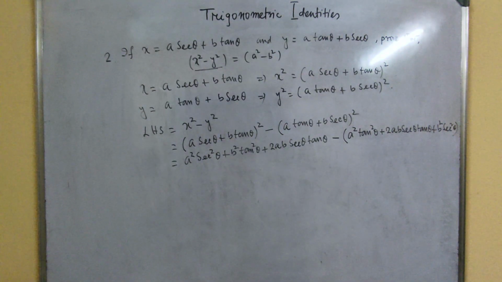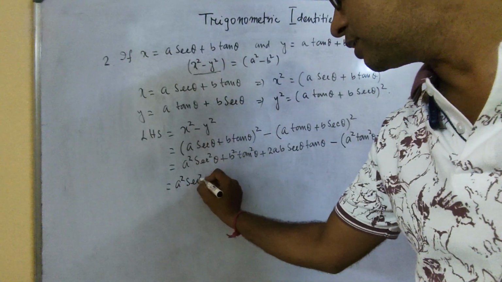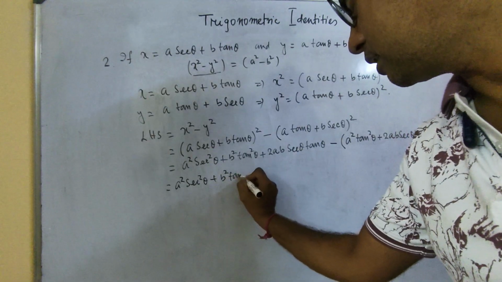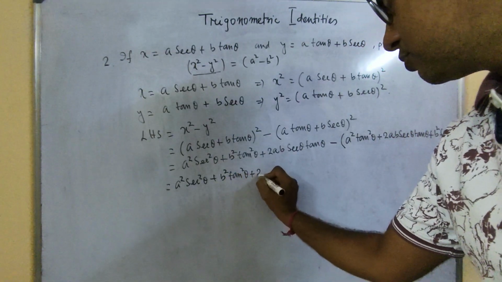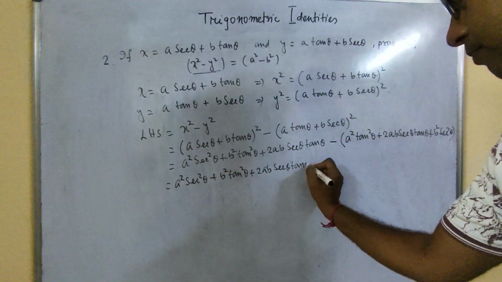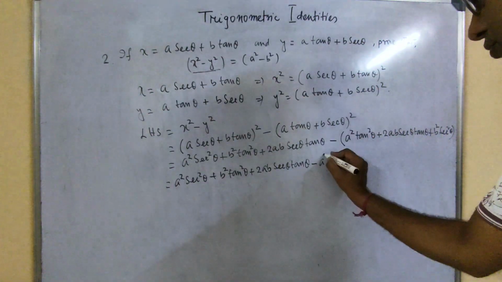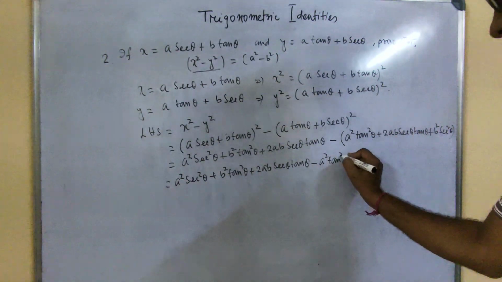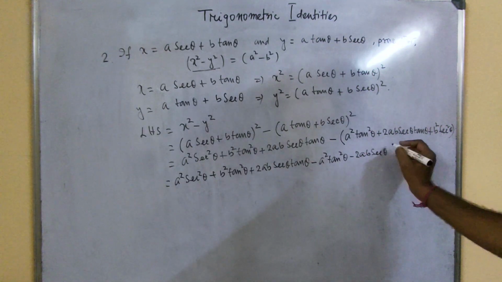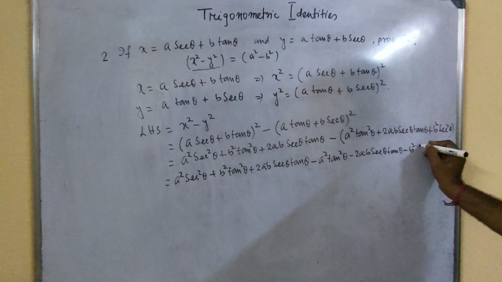Okay. Now a square sec square theta plus b square tan square theta plus 2ab sec theta tan theta minus, now remove the bracket, so it will be minus a square tan square theta minus 2ab sec theta tan theta, fine, minus b square sec square theta.